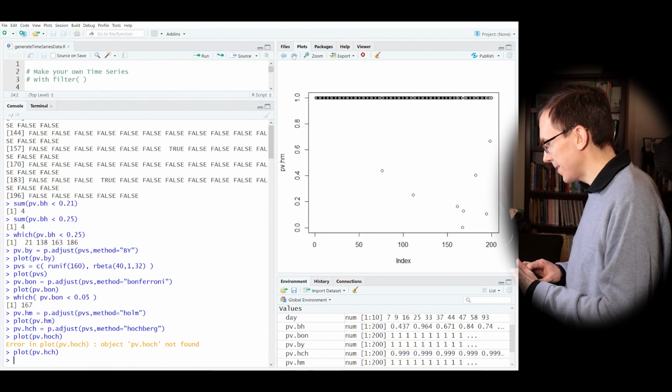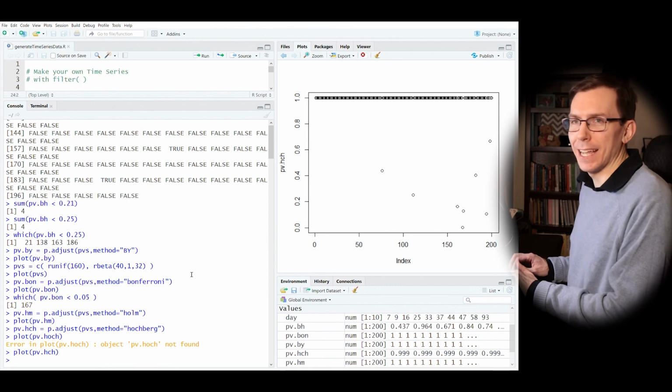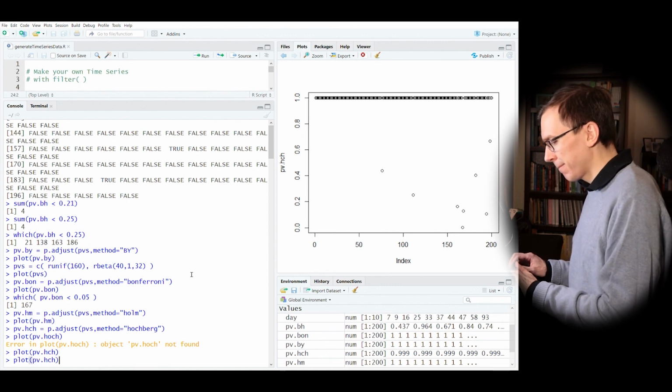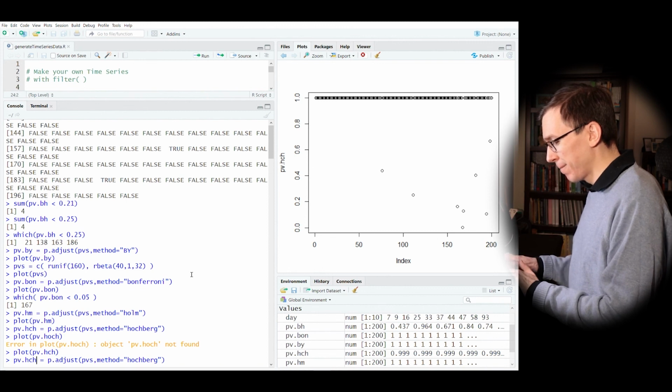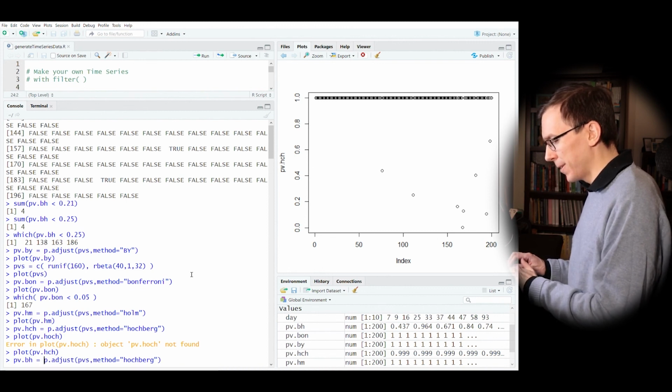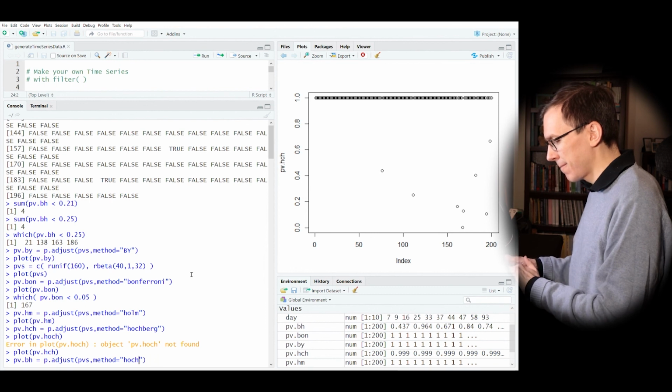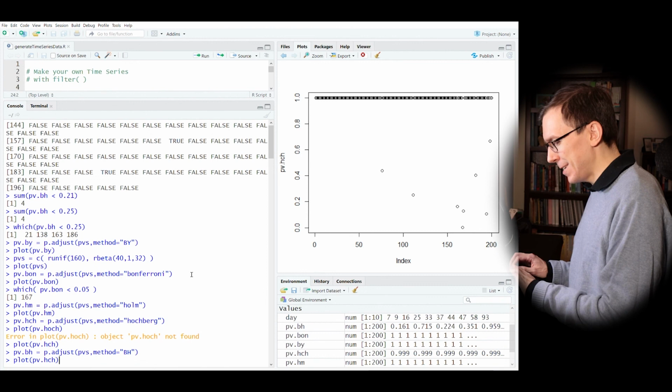In fact, it looks identical to Holm in the p-values that it returned without looking at them in finer detail. But we can definitely do the more interesting family or false discovery rate methods that everyone loves these days. So let's see what that does.